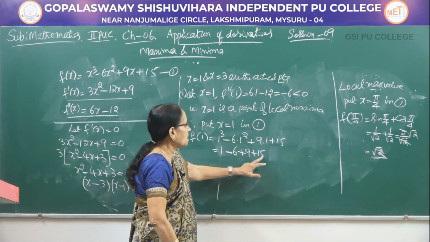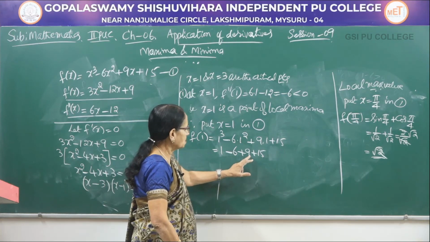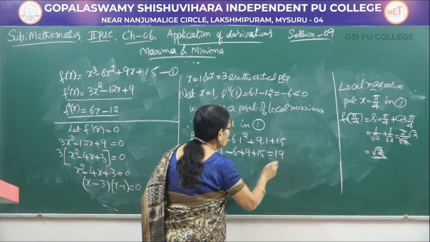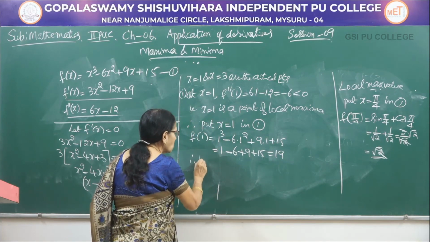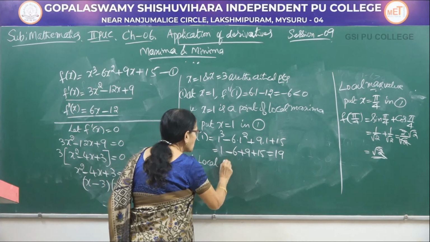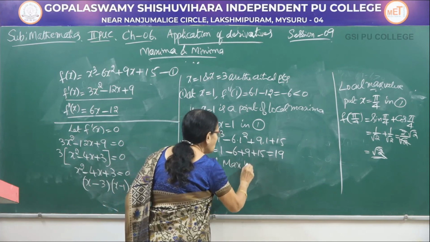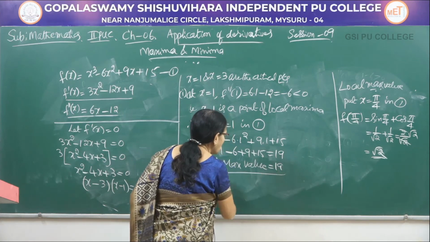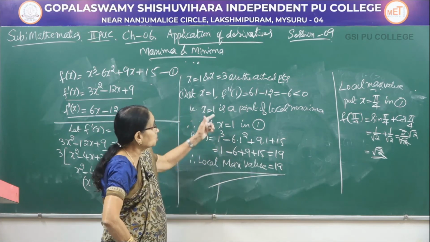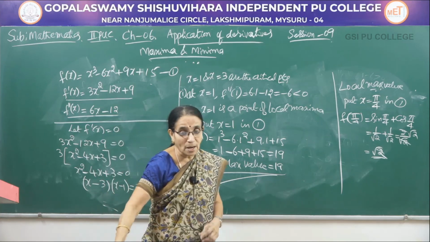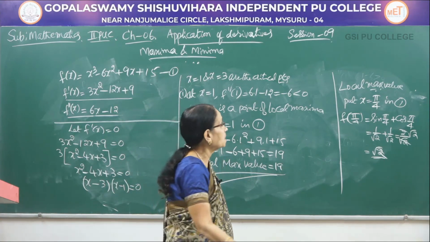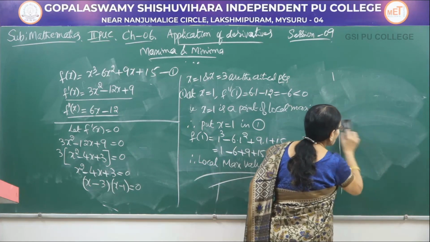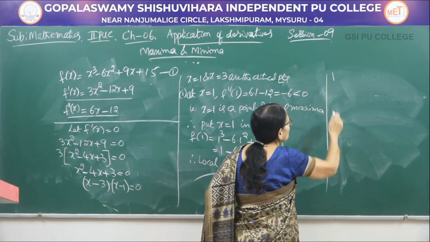So, when you simplify, 15 plus 24 is 25 minus 6, that would be equal to 19. So write that one. Therefore, the local maximum value is equal to 19, because as soon as you know this point of local maxima, better you find the value immediately. Otherwise, while writing the conclusion, there may be some mistake.